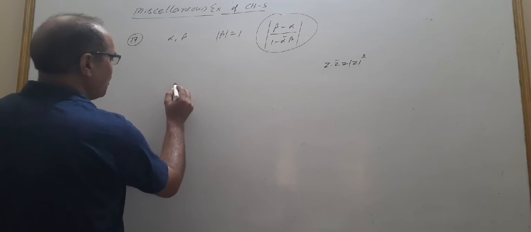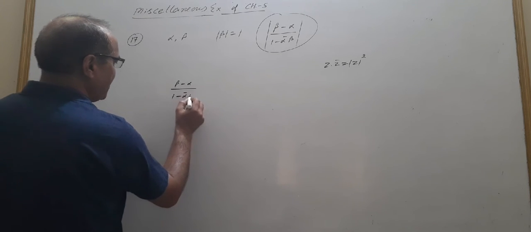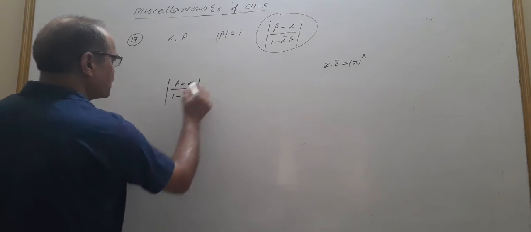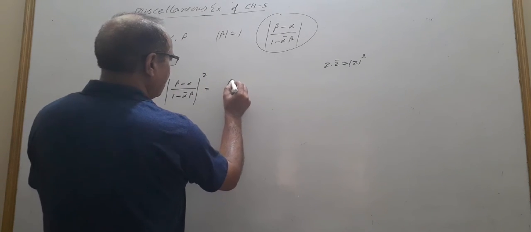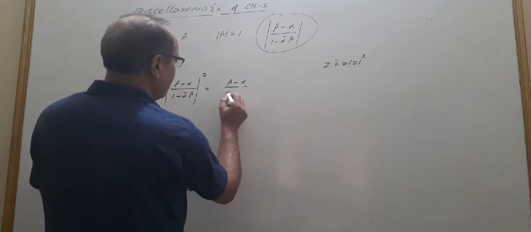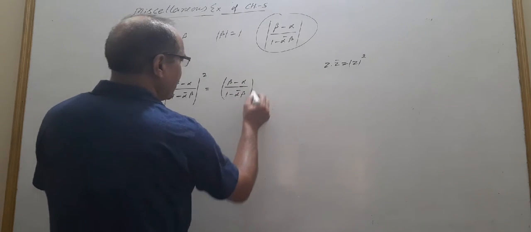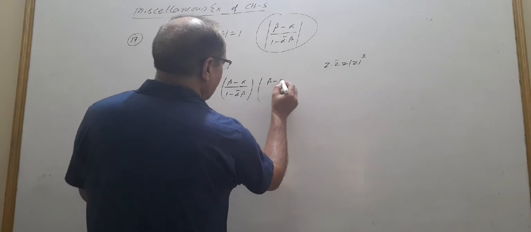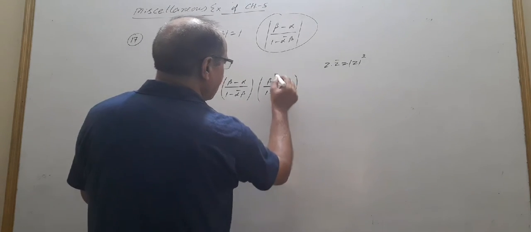Now start with this modulus. Beta minus alpha upon 1 minus alpha bar beta, mod square. Z mod square can be z z bar. What is z? That is beta minus alpha upon 1 minus alpha bar beta, that is z, and its conjugate, that is z bar.